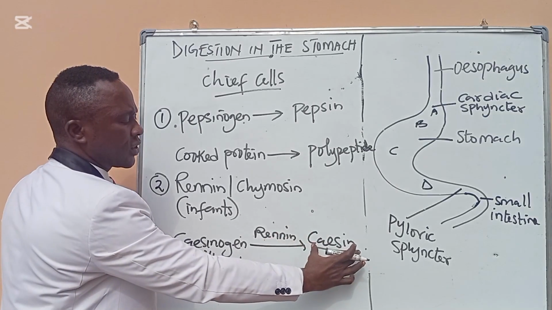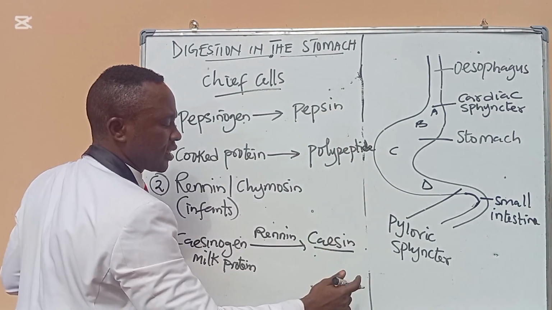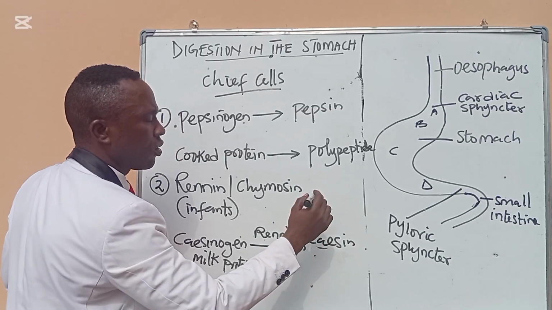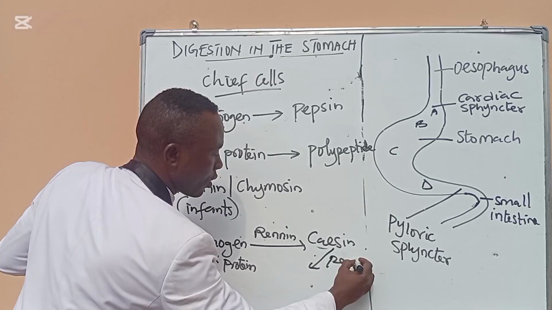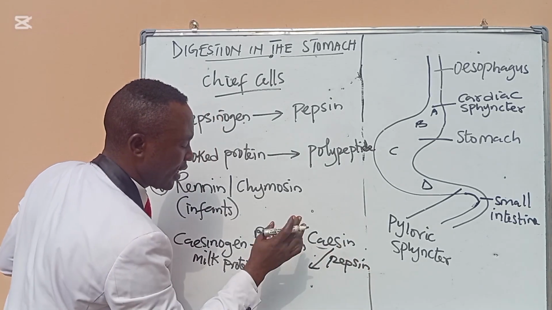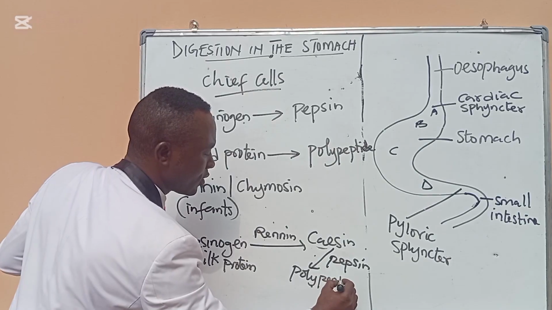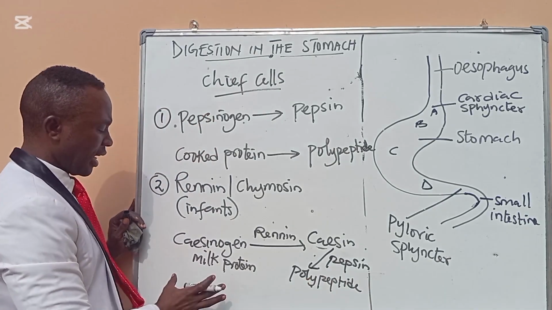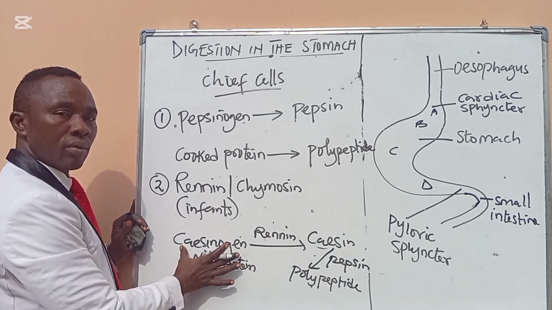Then this casein can now be acted on by pepsin, converting it to polypeptide. So you see what happens is that the milk protein is caseinogen and is soluble.